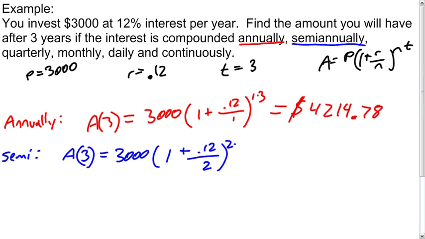So it'll be to the 2 times 3 years. You get $4,255.56. If we switch now to quarterly, that means 4 times a year.